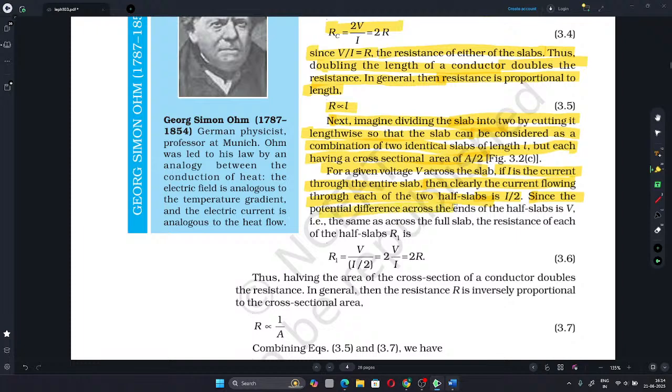Since the potential difference across the ends of the half slabs is V, the same as across the full slab, the resistance of each half slab is R1. R1 equals V by I by 2, which is 2V by I, which is 2R. Thus, halving the area of cross section of the conductor doubles the resistance. In general, then, the resistance R is inversely proportional to the cross-sectional area.